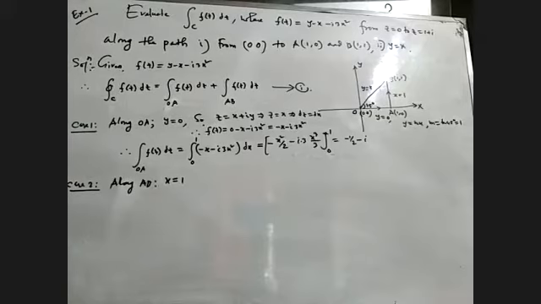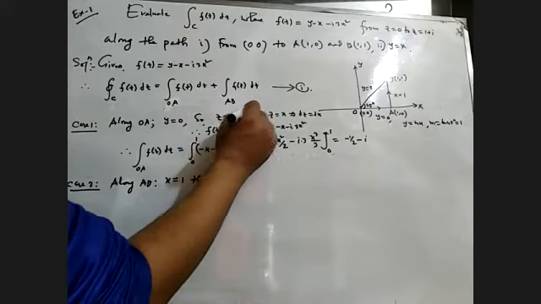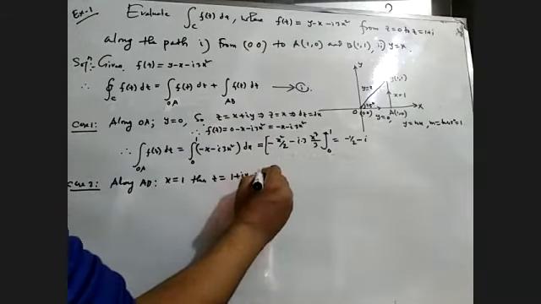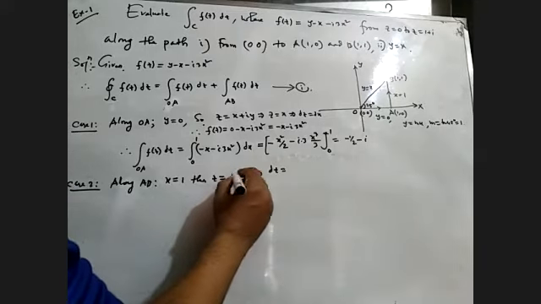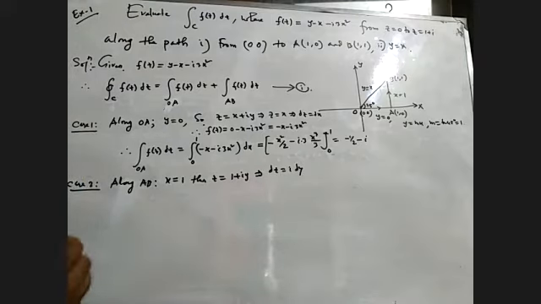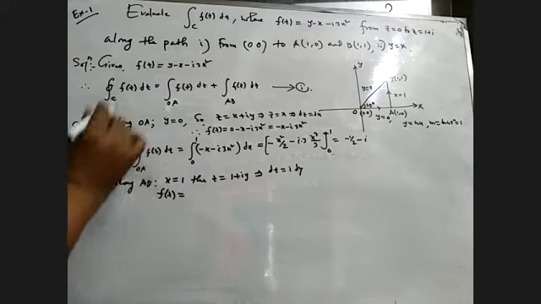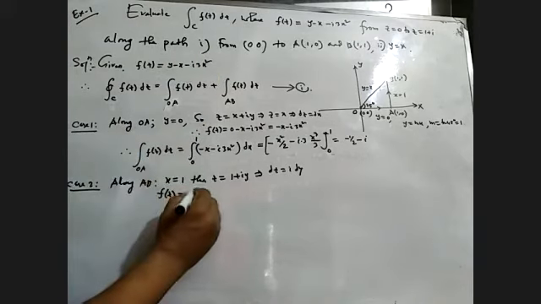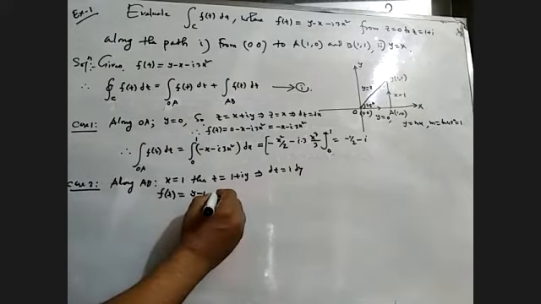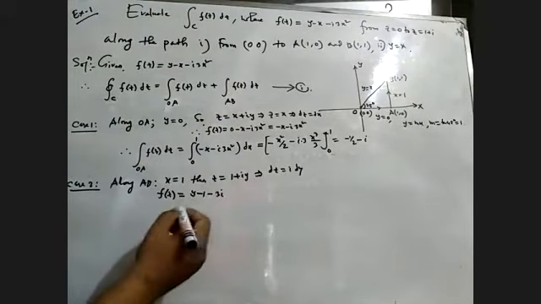Then z equals x plus iy becomes 1 plus iy. So dz equals 0 plus i dy. Then f of z, the given function, becomes, with x equals 1, y minus 1 minus 3i, since 1 square means 1.